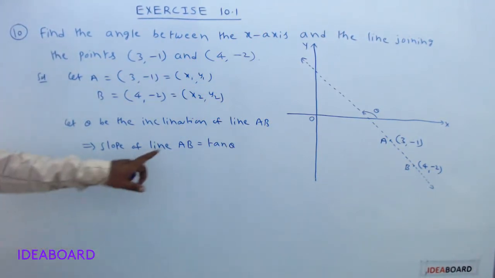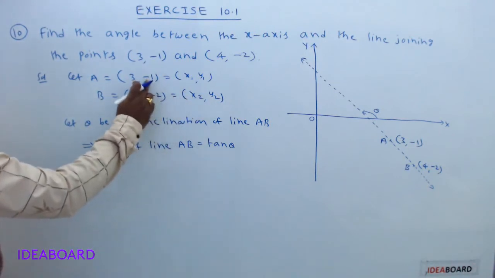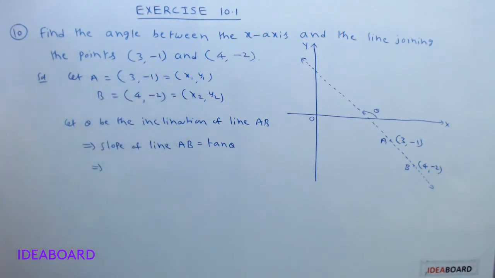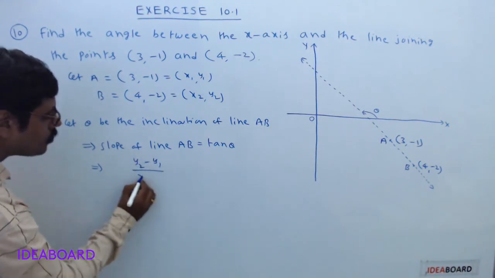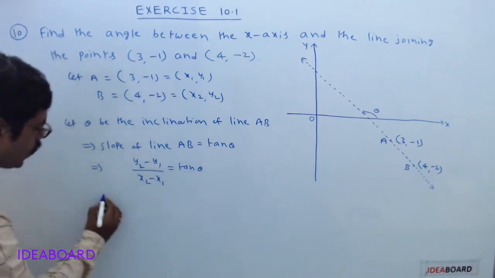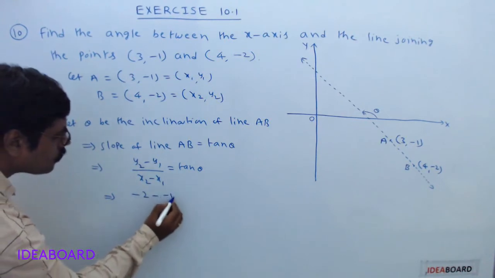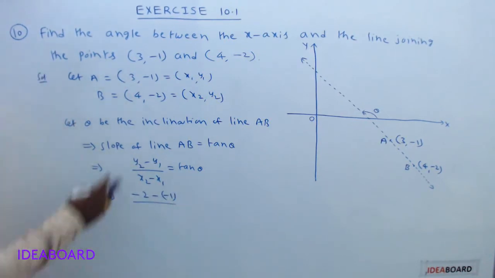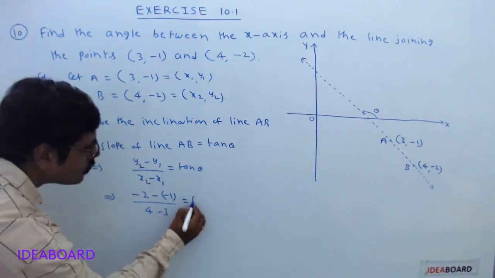So, for the slope of line AB, use the formula y2 minus y1 divided by x2 minus x1 equal to tan theta. It is minus 2 minus of minus 1 divided by x2 minus x1, 4 minus 3.